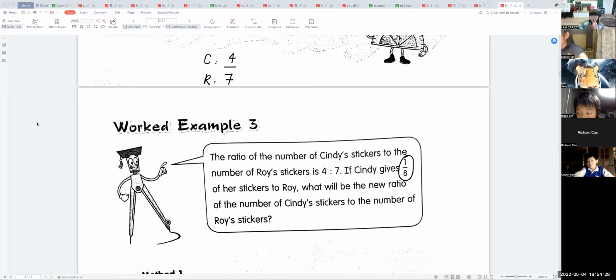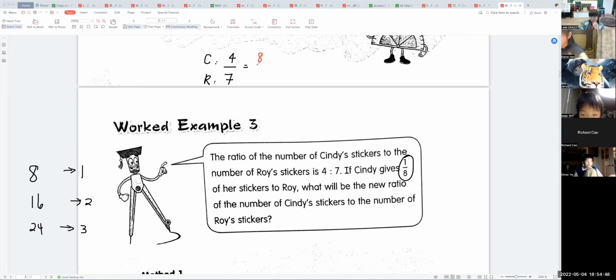So what does 1/8 mean? If you have 8 stickers, you give 1. If you have 16, you give 2. If you have 24, you give 3. Remember, this is a ratio, so the real data must be a multiple of the ratio.